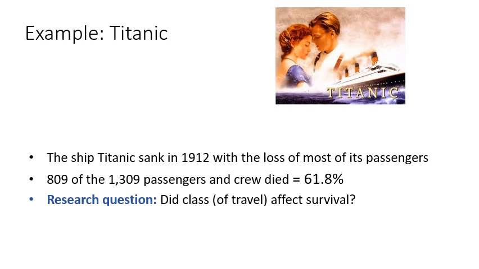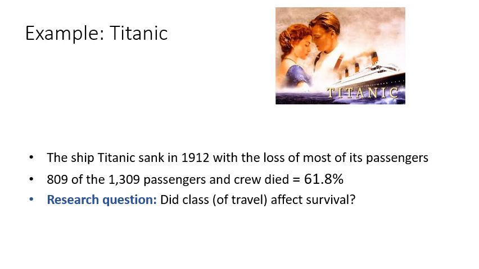Okay, now the research question here is, did class of travel affect survival, whether you are traveling first class, second class, or third class? So if you take a look at the variables that we are going to compare here, or we are going to look into its association, we have two variables here, the class of travel and the survival, and they are both categorical.